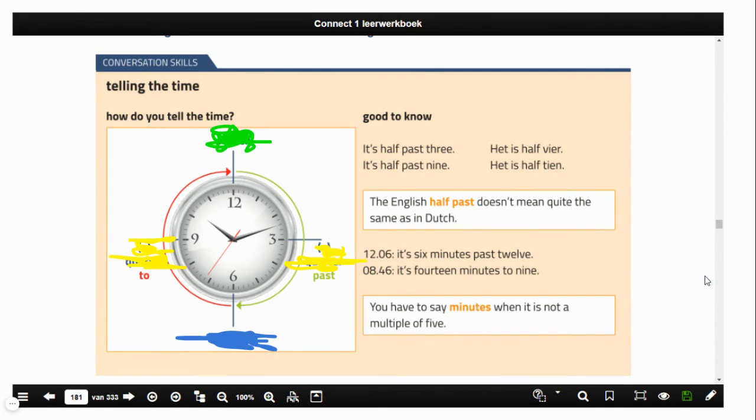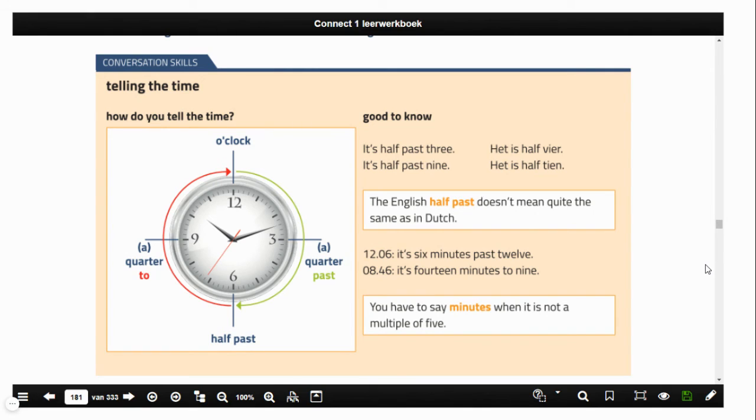If we're talking about a full hour, you need to remember the word o'clock. If you want to express half, you need to remember half past. And if you're talking about 15 minutes, you need to remember a quarter past or quarter past and a quarter to or quarter to. Well done.